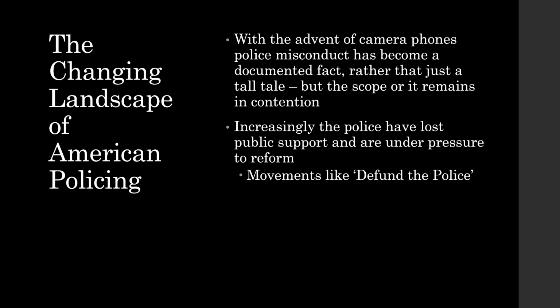All right. One of the things you should also be aware of is we live in a changing time. I can't keep this course stable and unchanging because America's changing. One of the things that happened in the last long term is the advent of camera phones. In the past, when I was growing up, back in the 1960s, the general public perspective was, yes, there were a few misconducts of the police, but most of these complaints are really just tall tales.